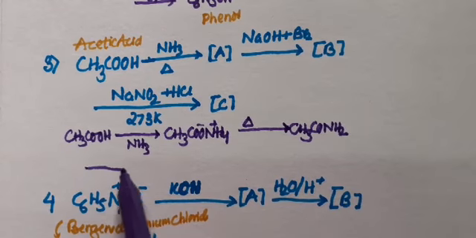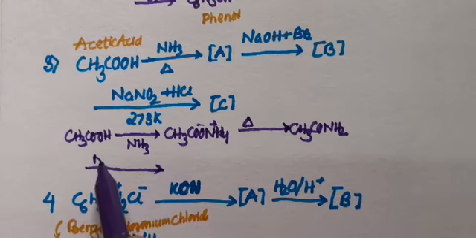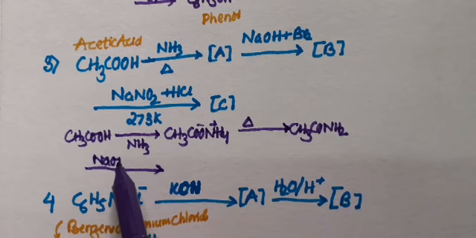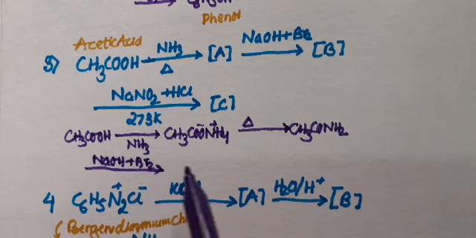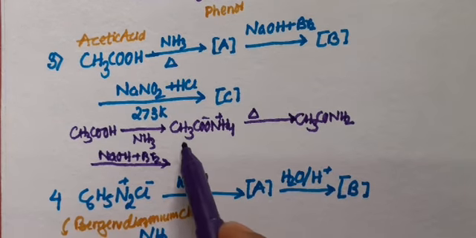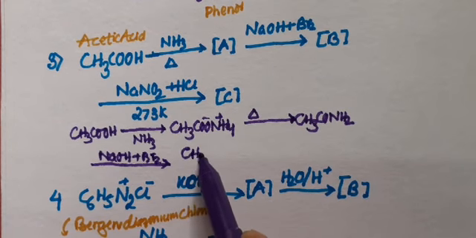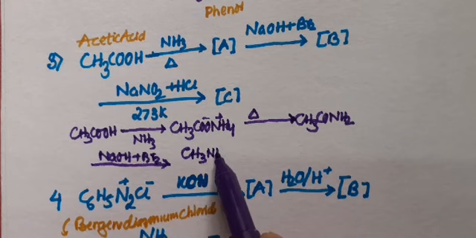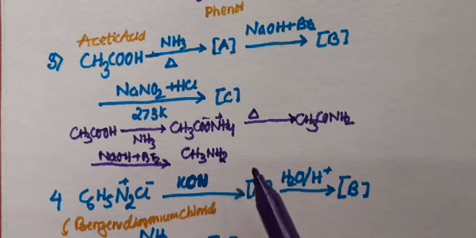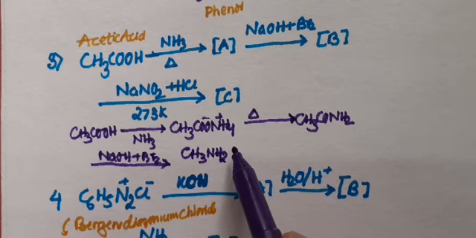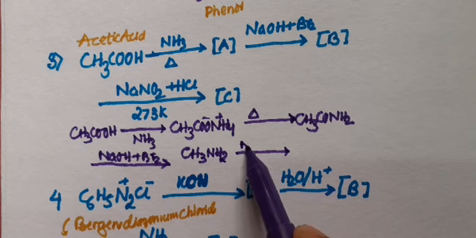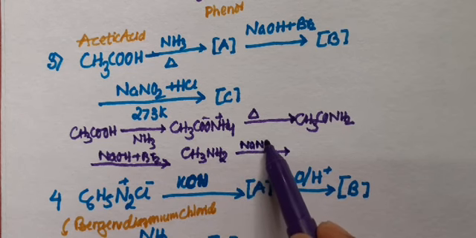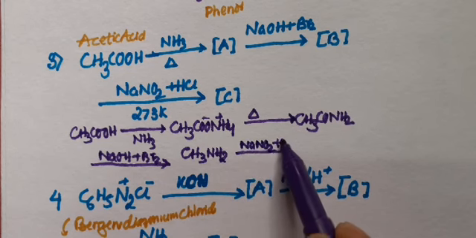and this on treatment with NaOH and Br2 results in the formation of CH3NH2 by the Hofmann bromamide reaction, and CH3NH2 undergoes a diazotization reaction.